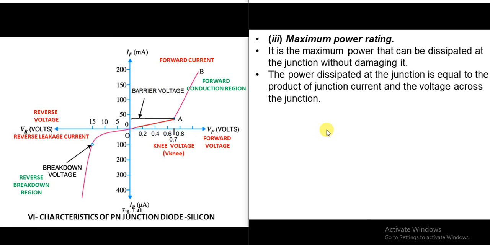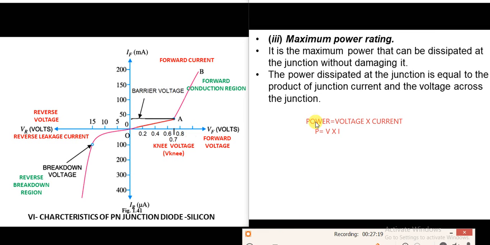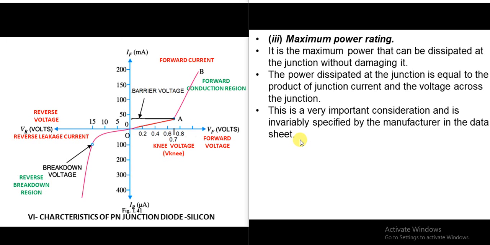So power is given by P equals V into I, and the unit is watt. This maximum power rating is also mentioned in the manufacturer's data sheet.